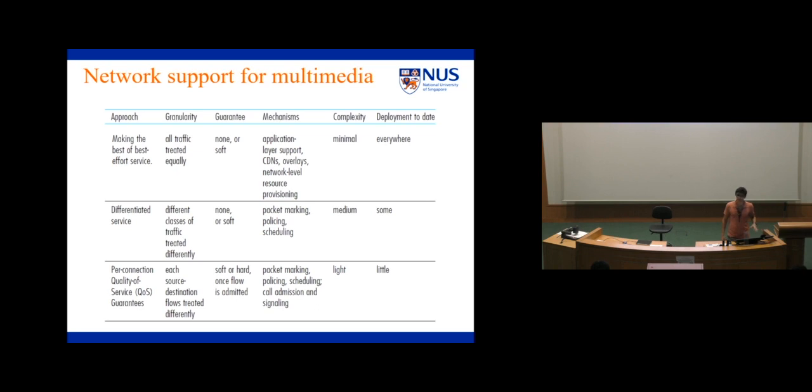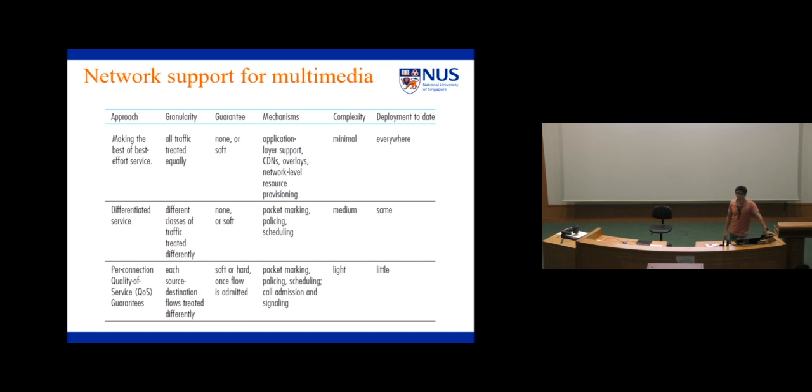First of all is the first line here. It's doing nothing, basically letting network handle based on the best effort service. So that is making the best of best effort service. You just deploy sufficient infrastructure with high enough rate networks and let them handle with the packet switching based on first in, first out type of routers.